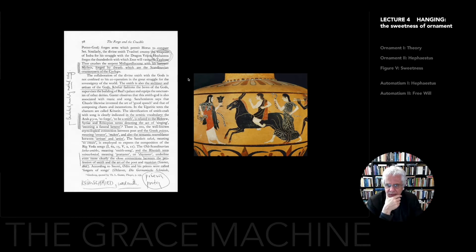You see here the description of Mircea Eliade in his book The Forge and the Crucible. Many smith gods are dwarfish, and there are a few reasons why that is. One is that they're chthonic gods.